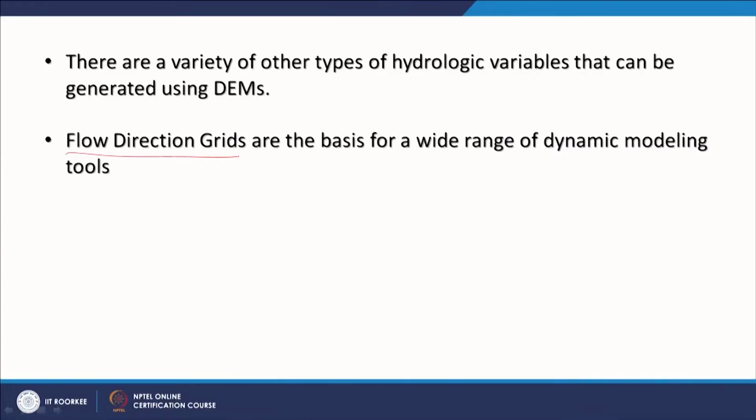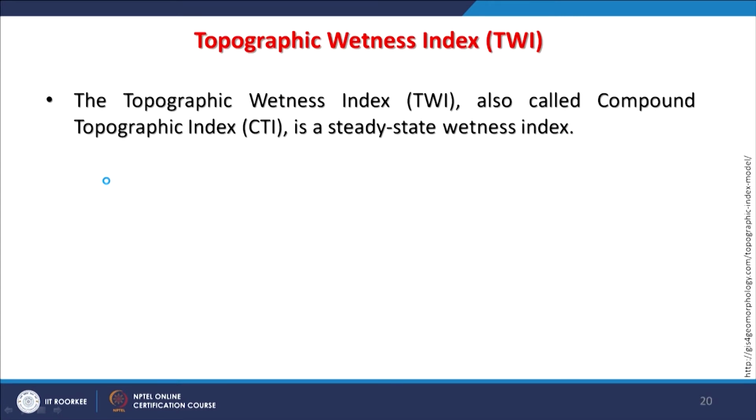As we are advancing, we are taking out many other pieces of information from these two major sources. Flow direction grids are the basis for a wide range of dynamic modeling tools, where we keep changing things as per the prevailing, current conditions.